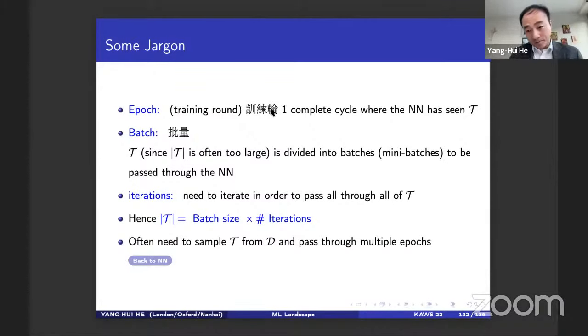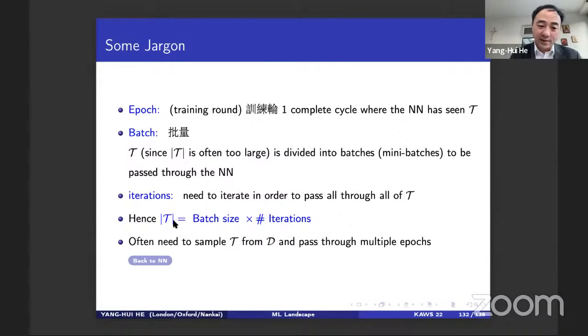Sometimes, in fact most of the time, your training set is too large, right? So you want to feed this into your laptop, and you want to do what's called batching or mini-batching. You divide your training set into little bits so that your neural network will only see a little bit at a time. Then you go through all of the training set in terms of iterations through these batches.